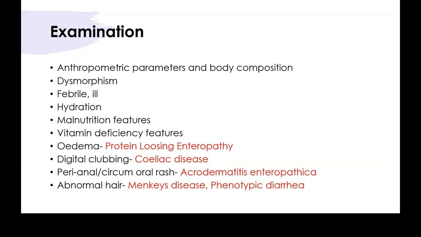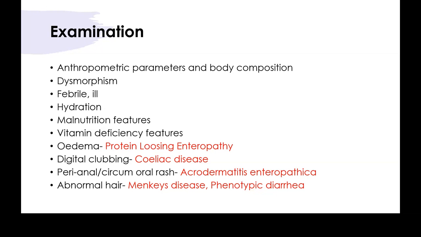Going into the examination of a patient with chronic diarrhea. As always, it's important to get the anthropometric parameters, the weight, height, the body composition, especially the skin fold thickness if you have the facility.